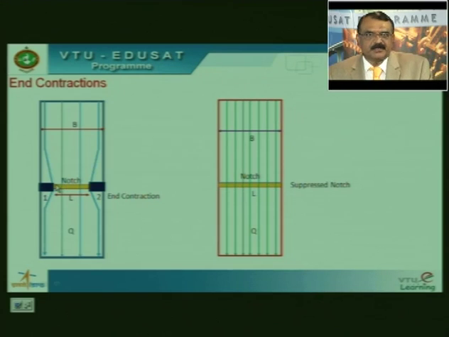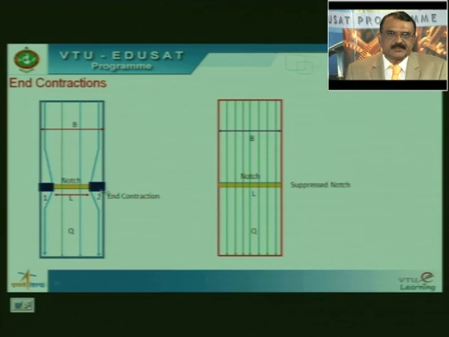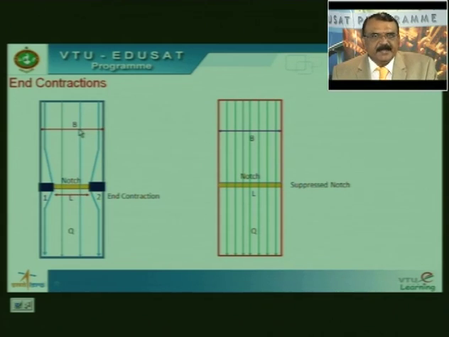Now I introduce notches. For example, you talk about a rectangular notch, you talk about a trapezoidal notch. Now here my width of the channel is represented as B, whereas the length of the notch I provided is L. I repeat, the width of the channel is B and the length of the notch I provided is L. This is the direction of flow.